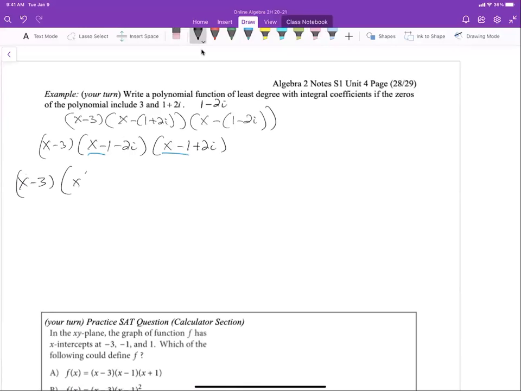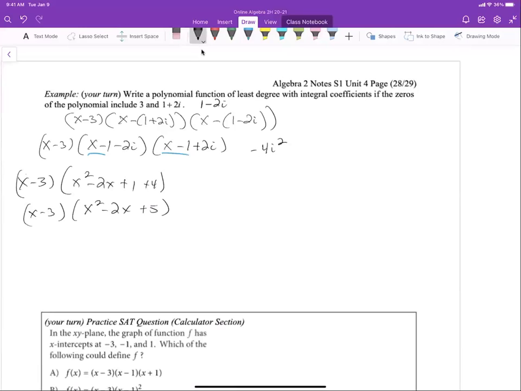I get x squared minus 2x plus 1. And then negative 2i times positive 2i gives me a negative 4i squared. i squared is negative 1, so it becomes a plus 4. I have to rewrite that again. Combine 1 and 4.